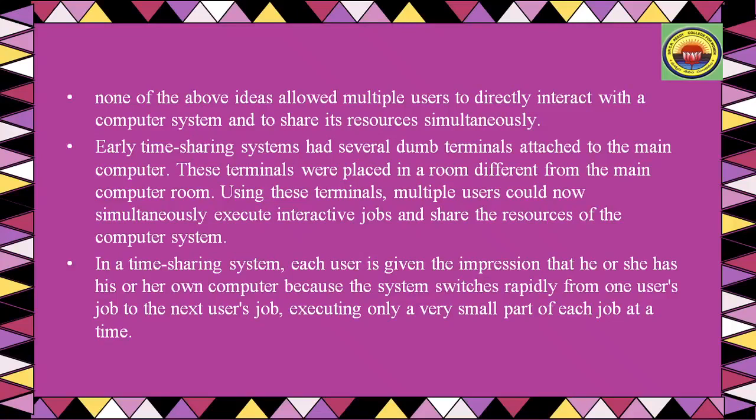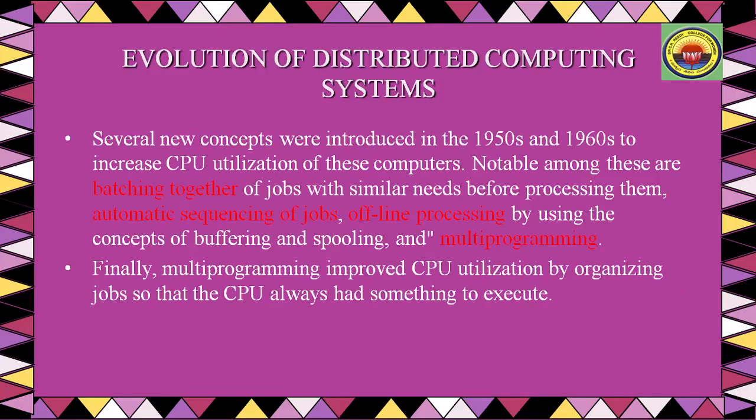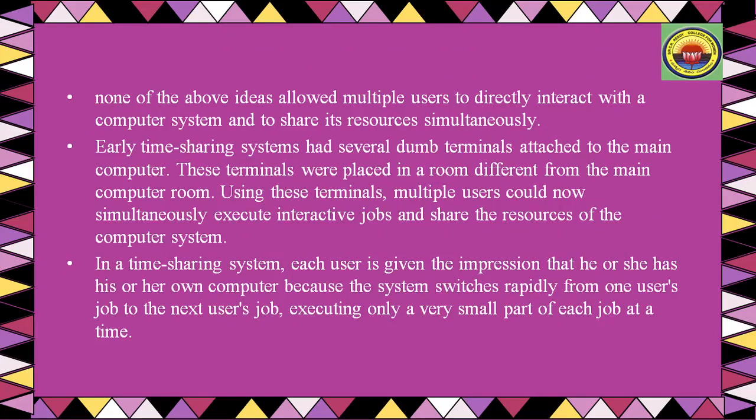None of the above ideas, meaning what we have discussed about batching or automatic running of programs, offline processing and multi-programming, allow multiple users to directly interact with a computer system. And we cannot share the resources simultaneously in any of the above models. So, time sharing systems will do that job.